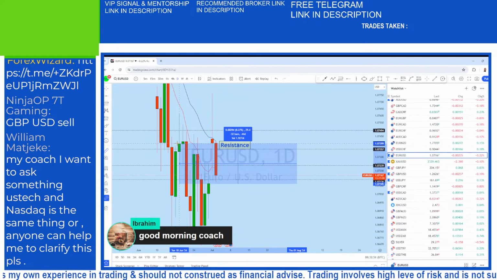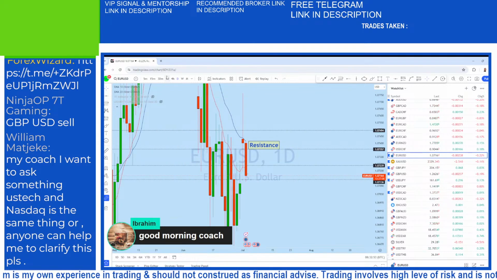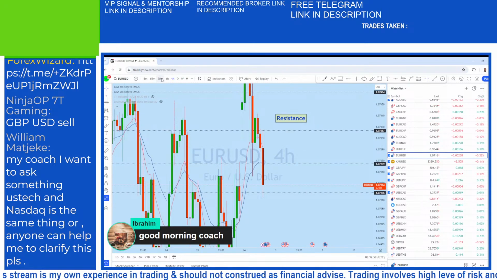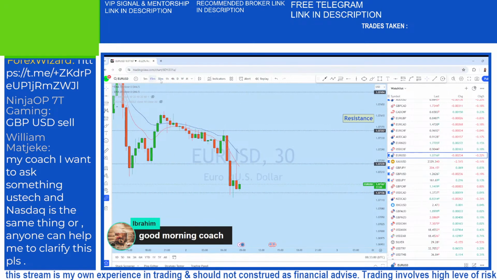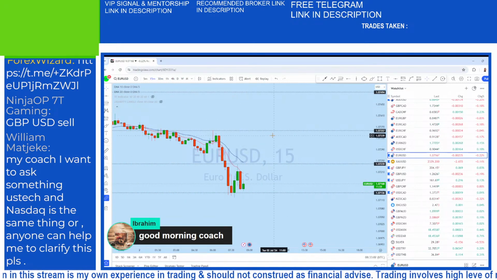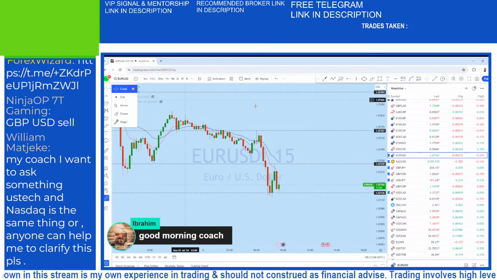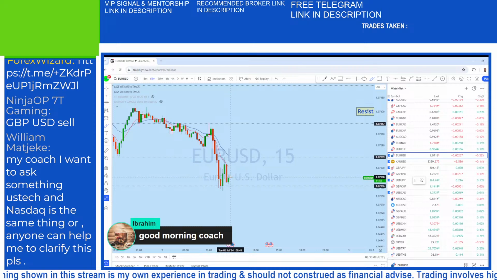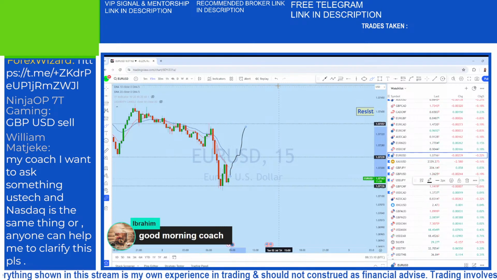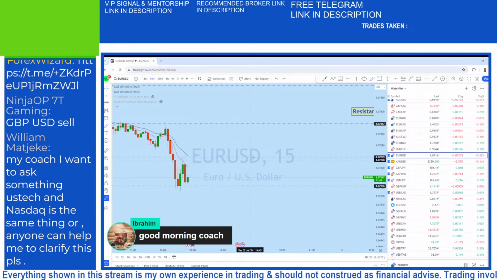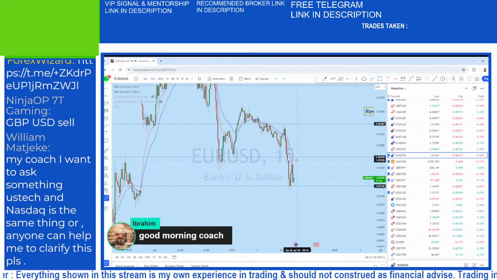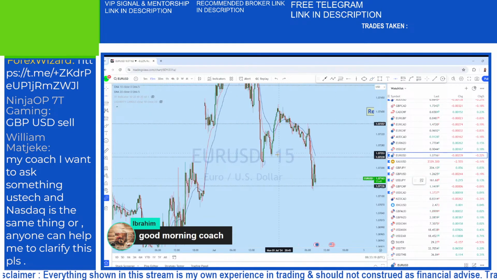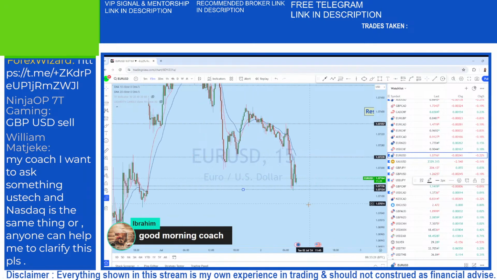And with this gap, let's look at the 15 minutes and 30 minutes. Here, what we will be waiting for on Euro dollar is for the price to go ahead. This is also an order block, guys. If you're not sure about the order block, let me know, I can explain in depth.